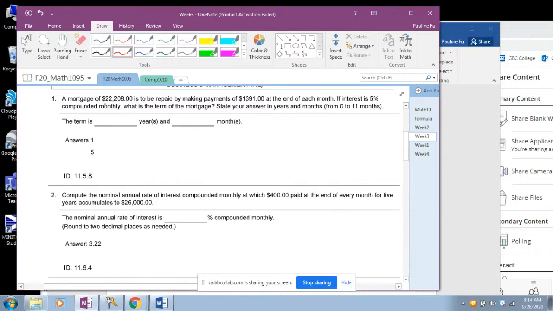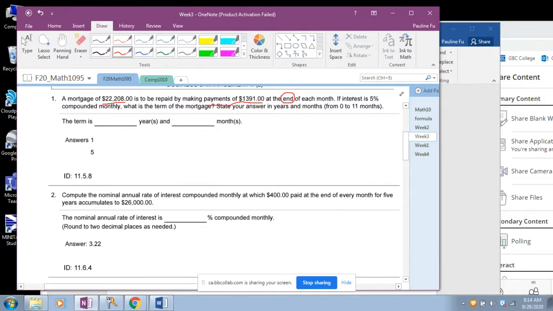A mortgage of 22,208 is prepaid by making payment of 1,391 at the end. Means this is an ordinary annuity.